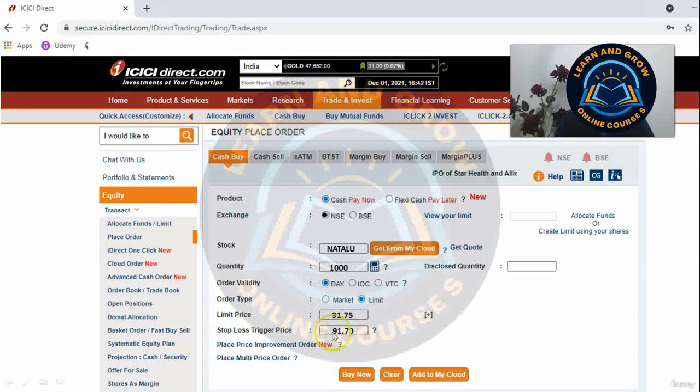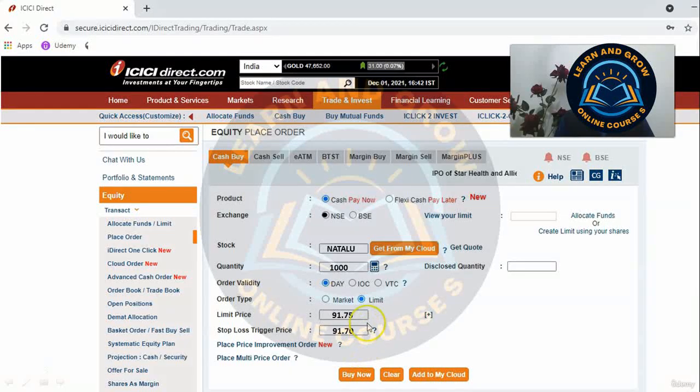If I don't put this here, if I just put 91.75 and proceed ahead, then since the prevalent price is 89, my order will get executed at 89. I don't want that to happen. Therefore, I have placed a trigger here. So my order will go to the exchange. It will remain there dormant. It will not be active.